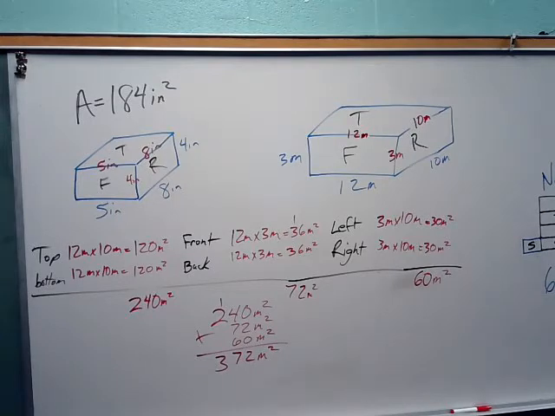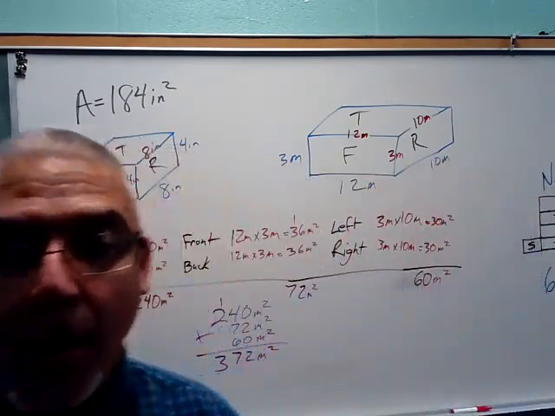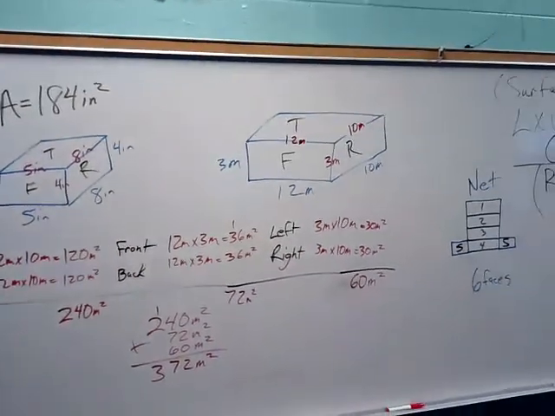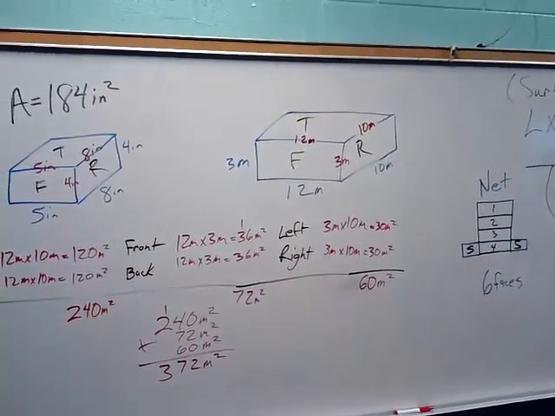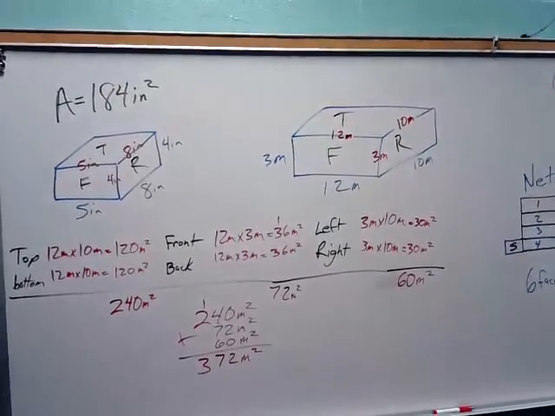And the same thing keeps being held true over here. 1, 2, 3, 4. So 6 faces over there. All right, so there's the net showing the 6 faces. Here's the work doing the numbers with the 6 faces.